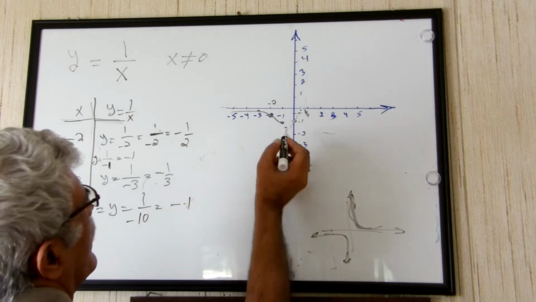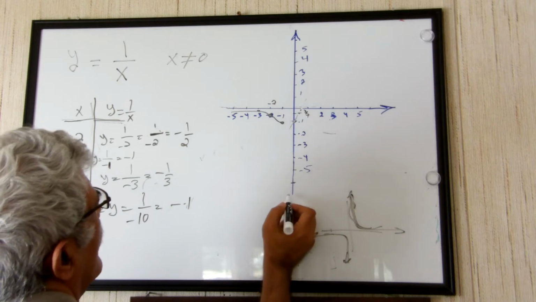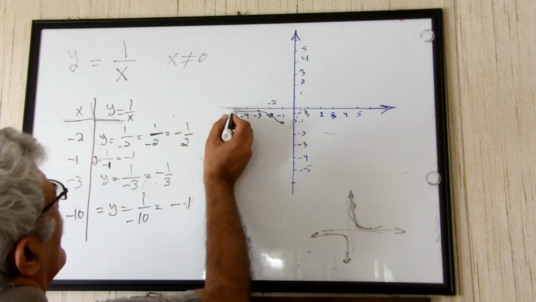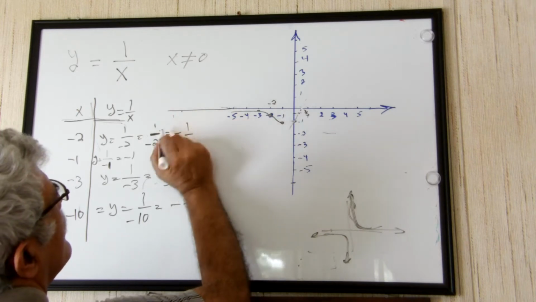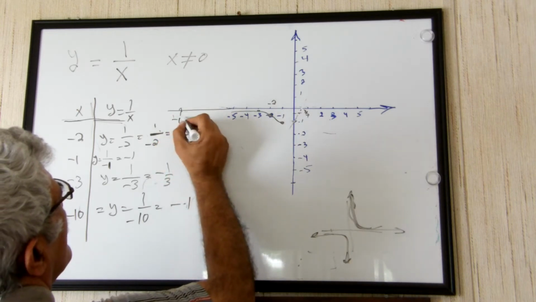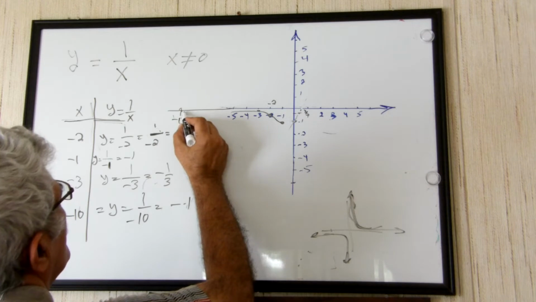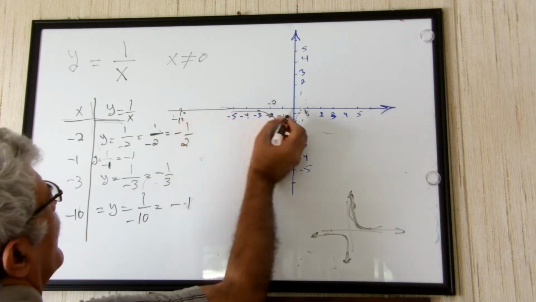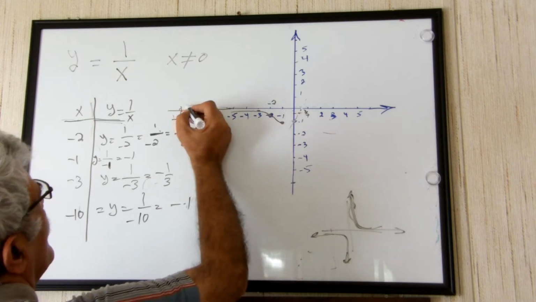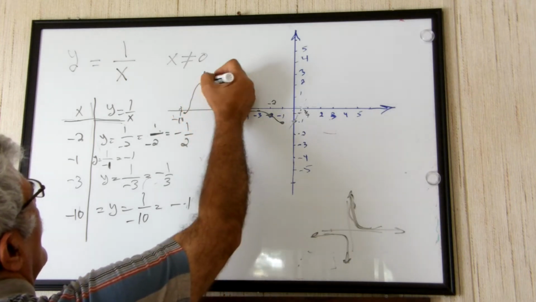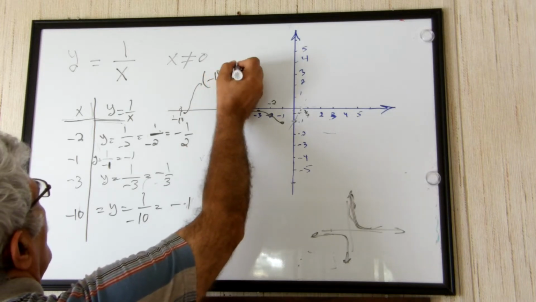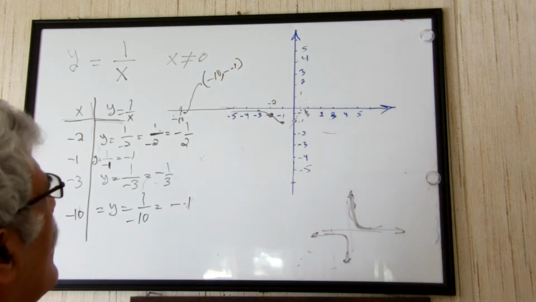So if minus 10 is here, for example, this is going to be so close here. Actually, the point is minus 10, minus 0.1 or 1 over 10.